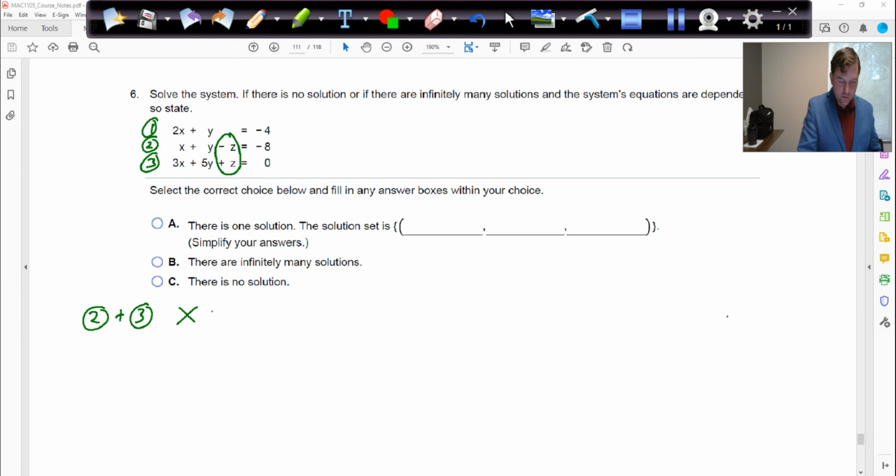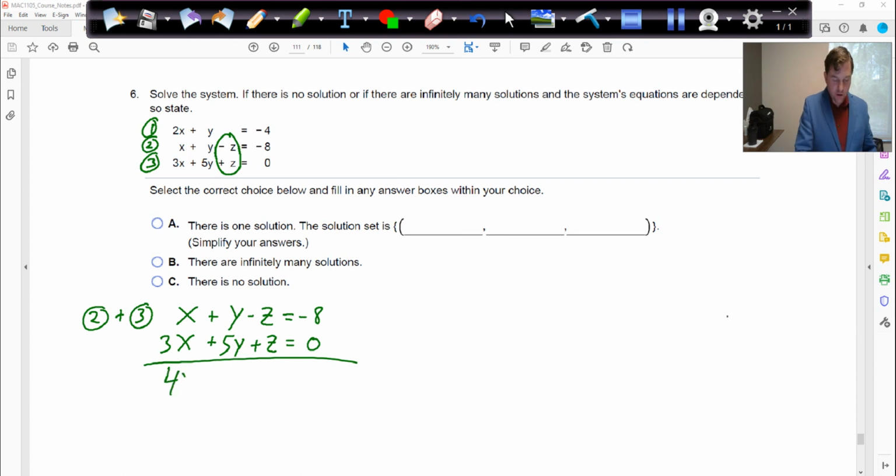So we'll get x plus y minus z equals minus 8. Equation 3 is 3x plus 5y plus z equals 0. And when you add these 2, we'll get 4x plus 6y, z's cancel, equals minus 8, and we'll call that equation 4.